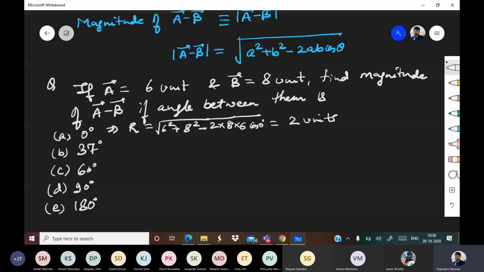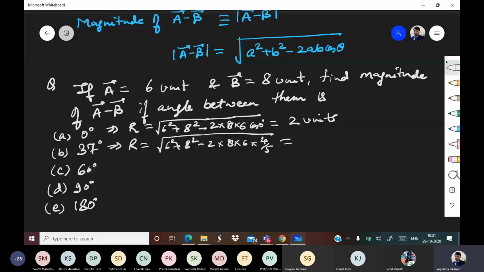When it is 37 degrees, r will be under root of the same, everything will be the same except theta. So 6 square plus 8 square minus 2 into 8 into 6 into cos 37. Cos 37 is 4 by 5.